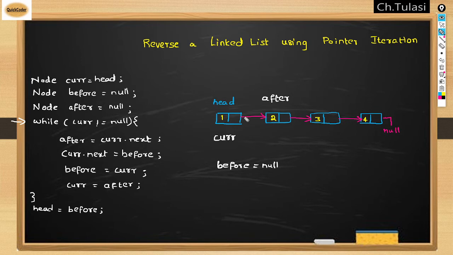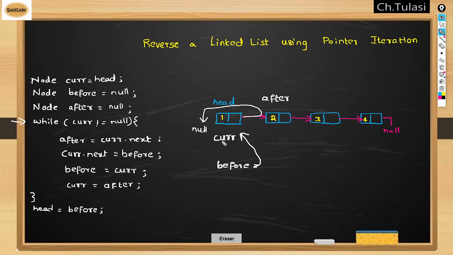My current dot next will be null, before. Now the next node should point to this current node, so I will store this current node in before. So this before will point to this node.